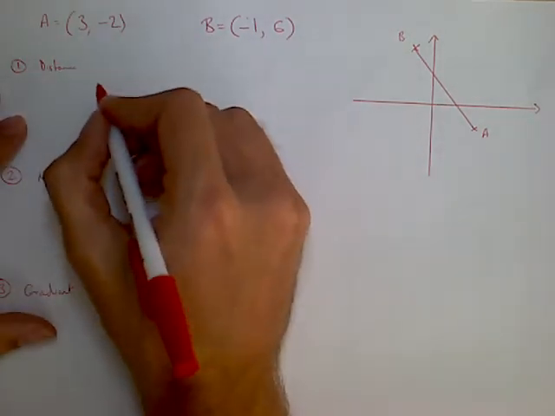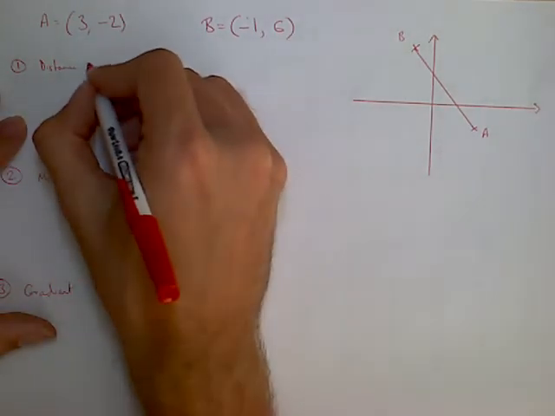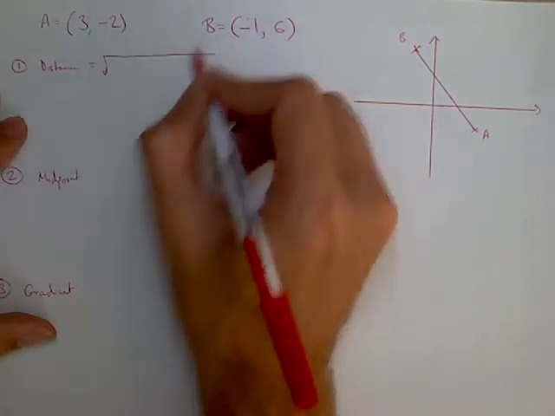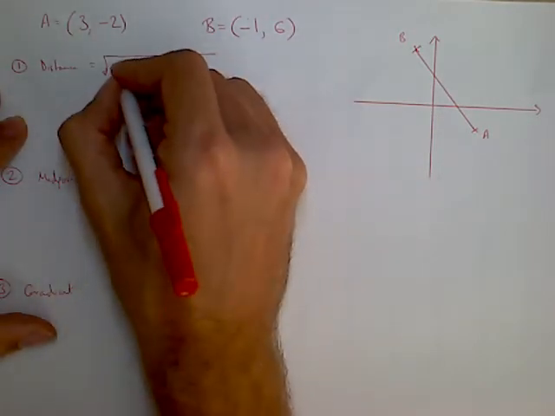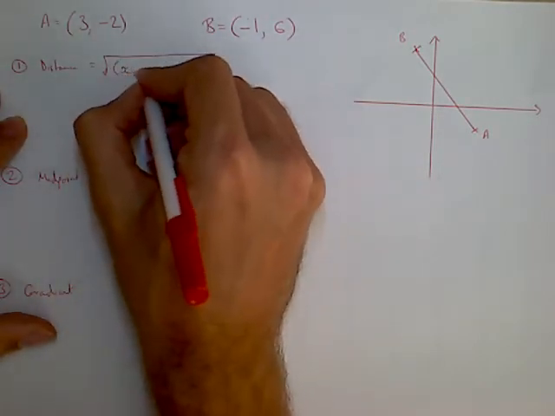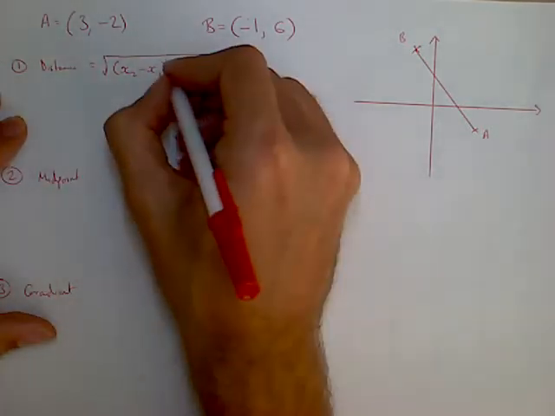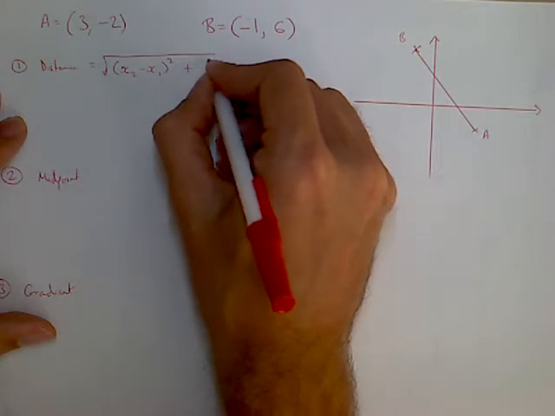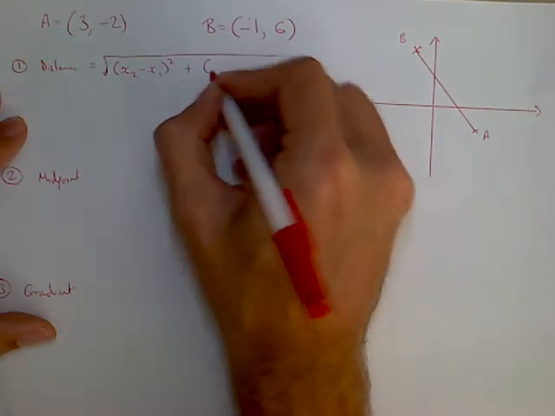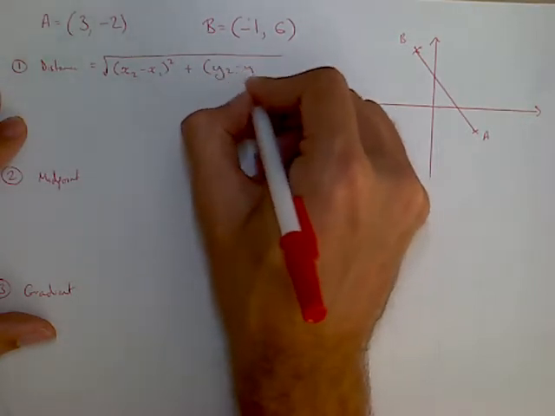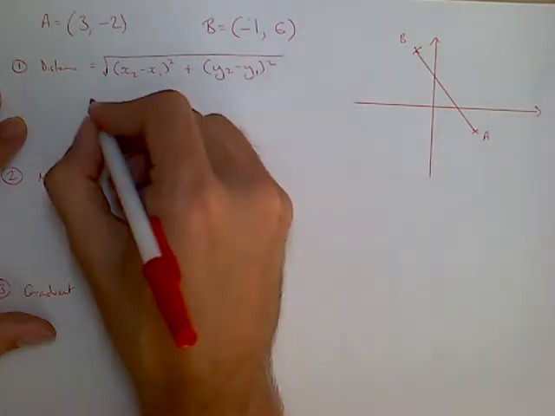The distance formula that you're going to use is based on Pythagoras' theorem. So it's the difference between the x coordinates, x2 minus x1 squared, plus the difference between the y coordinates, which is y2 minus y1 squared.